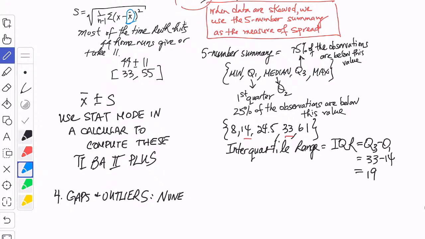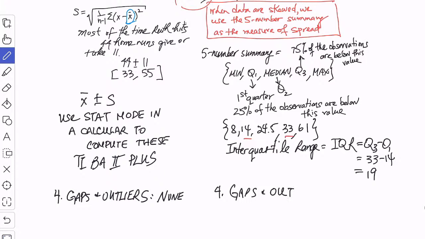I'm going to write for gaps and outliers and say there are gaps in the classes of 40 to 49 and 50 to 59. There's no data there. And for outlier, we need to check. Now I have to show you how to do that.